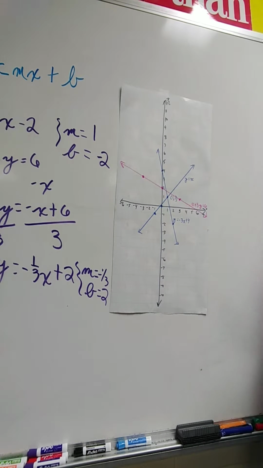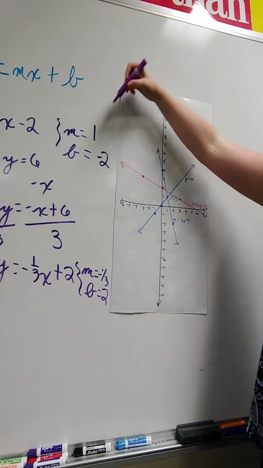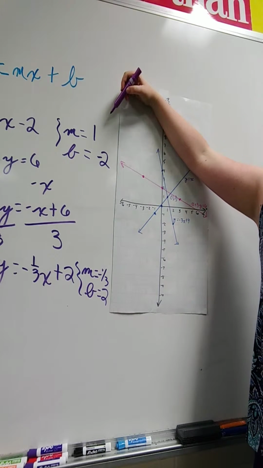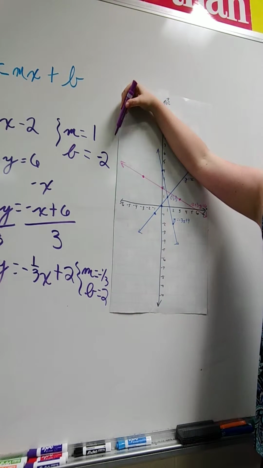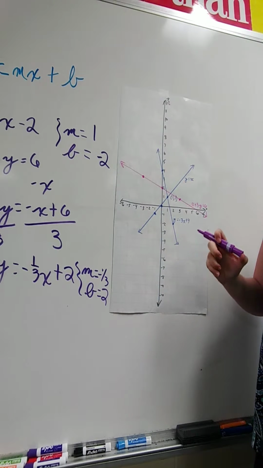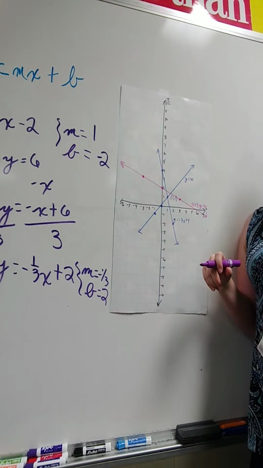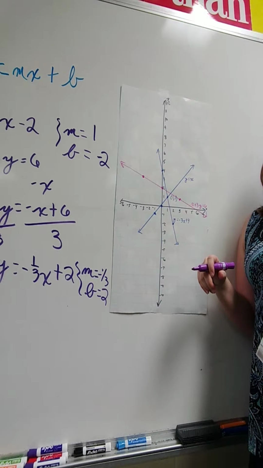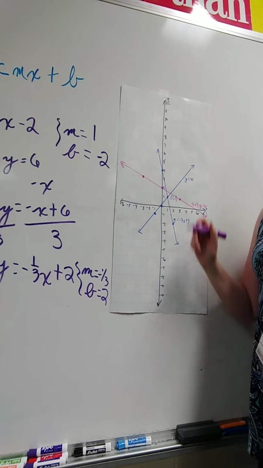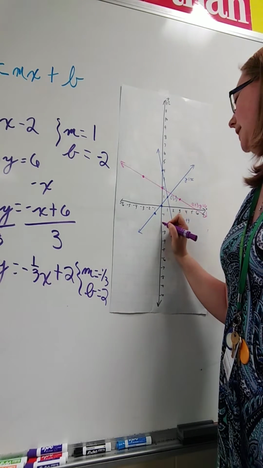Alright, what's my other slope? For my first equation, what was my slope? One. What's my y-intercept? Negative 2. So where do I put my first point? Where do I start? I'm going to start at y equals negative 2.